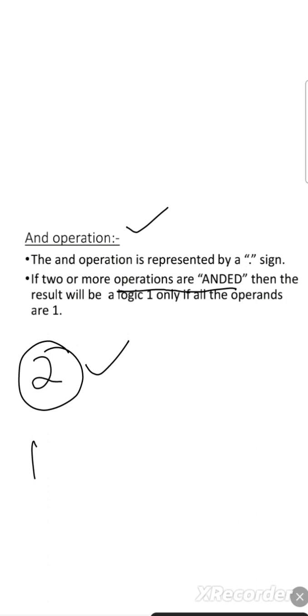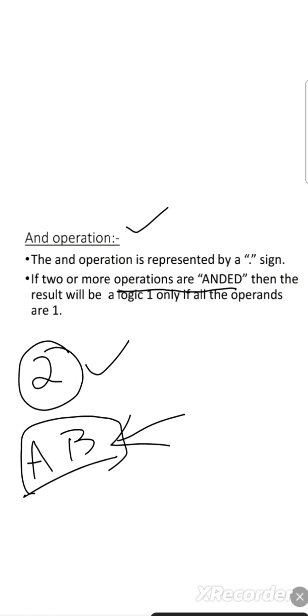So consider A and B. Consider these two, A and B, are operands and we are applying the AND operation. So we use the dot sign, that means A dot B.